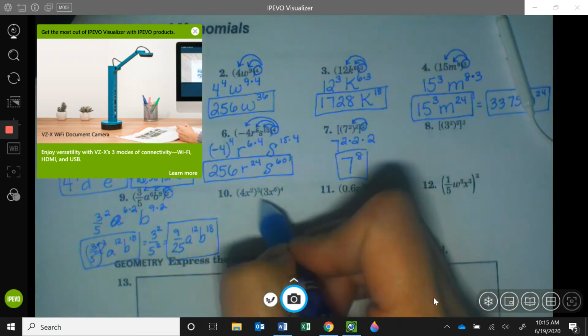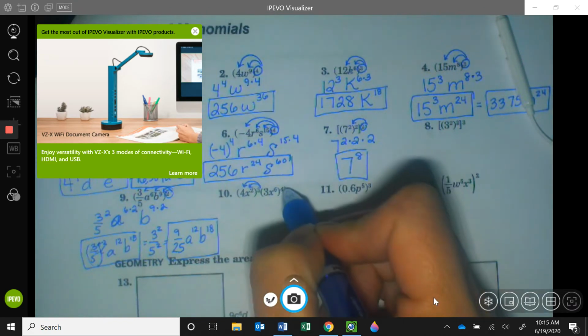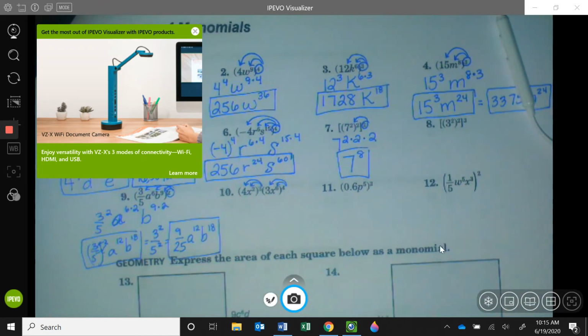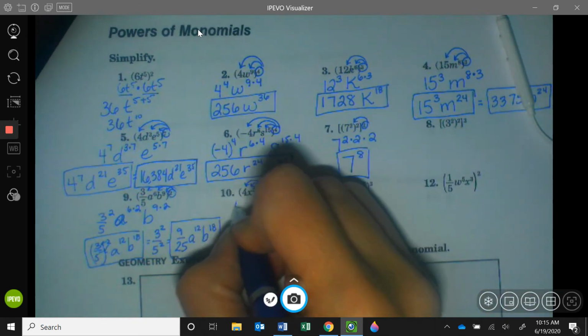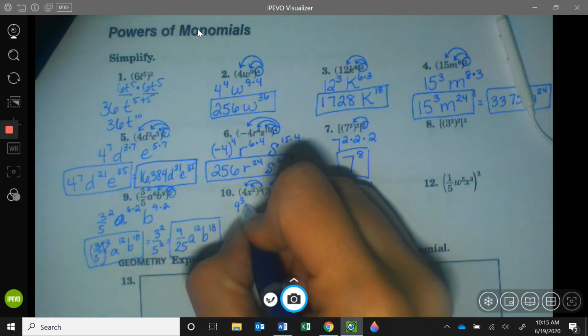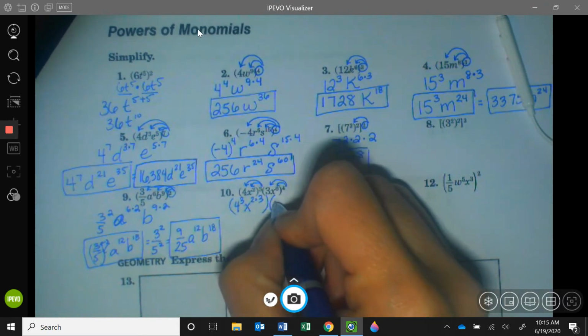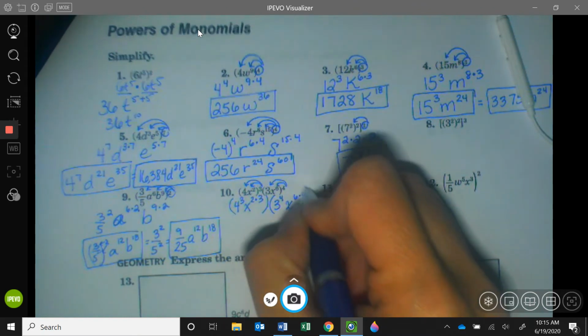Here, this 3 has to go to both things on the inside, and this 4 has to go to both things on the inside. So now we have 4 to the 3rd power and x to the 2 times 3. And here we have 3 to the 4th power and then x to the 6 times 4.